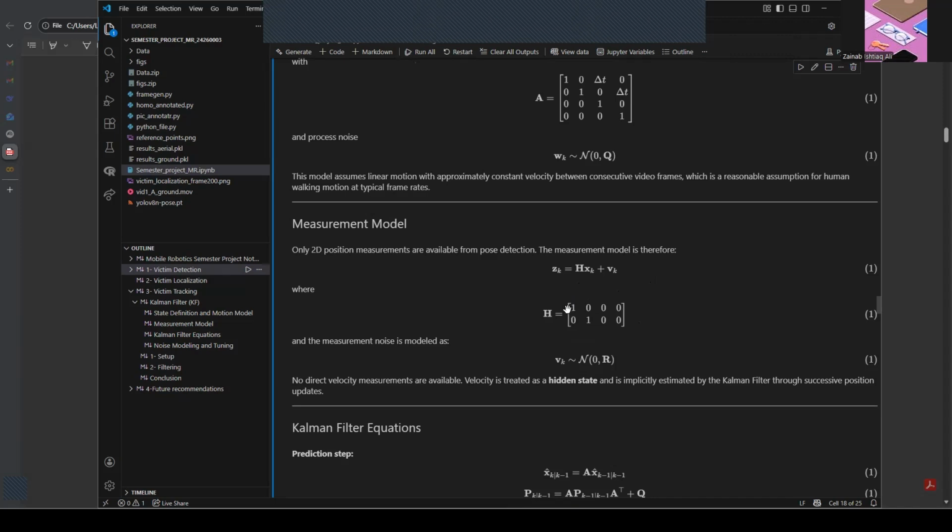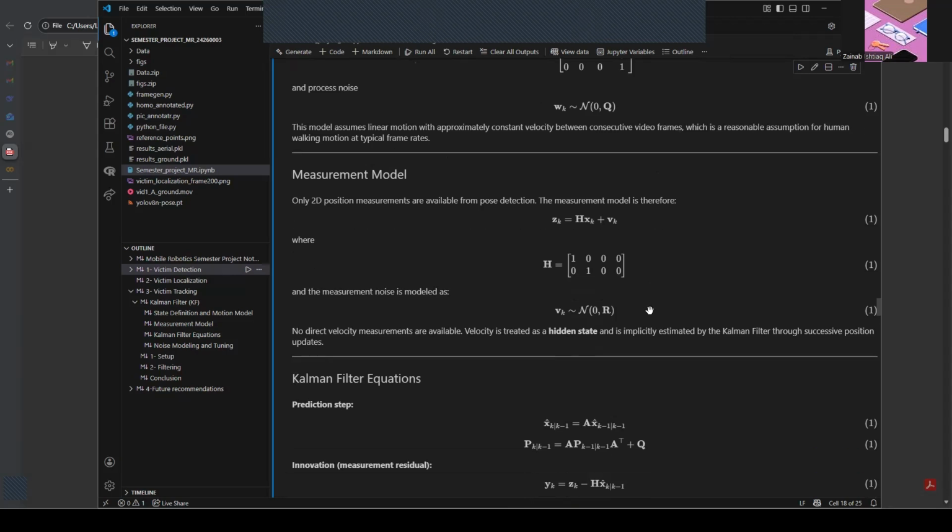So you can see there is kind of an identity in the first 2 by 2 elements over here, which shows that position of X and position of Y are being given, but the velocity is not being given by our sensors, which is our cameras. Then we also have R, which is our sensor noise, and we will also be tuning this and looking at the difference this parameter will have in our Kalman filter.